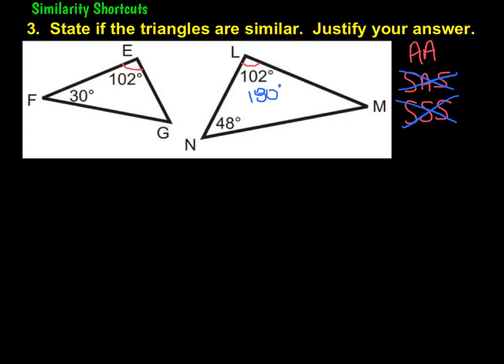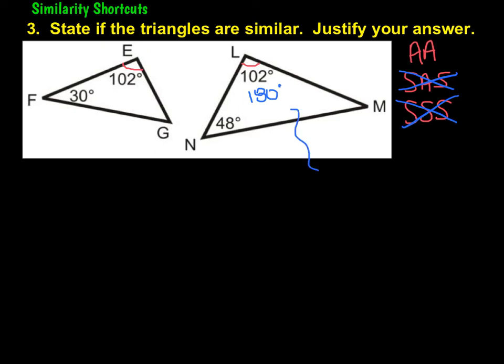Well, let's see what angle M is going to be, because I can find it. We can find it, right? We have 2 of the angles. Let's find the third and see maybe this angle matches this angle. I don't know. Let's try it.